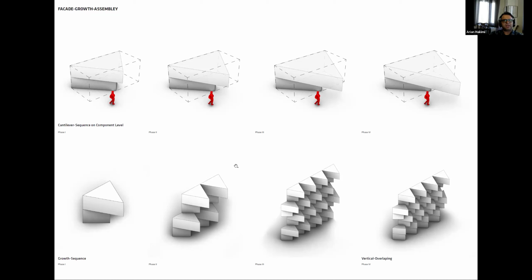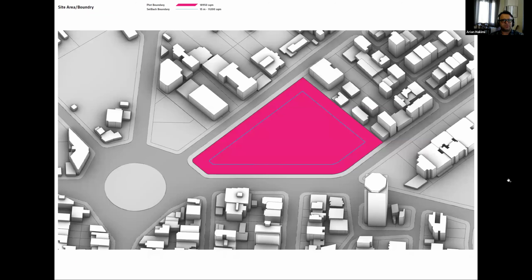By creating a secondary system of overlapping and intersecting elements, we turned it into a facade system.